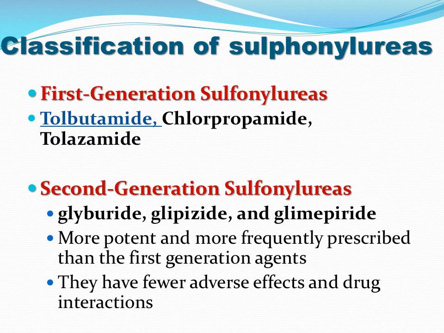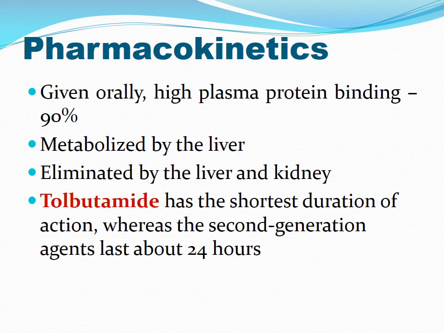Second generation: glyburide, glipizide, and glimepiride. These are more commonly used sulfonylureas, as they are more potent than the first group, and they have fewer side effects and drug interactions compared with the first generation sulfonylureas.